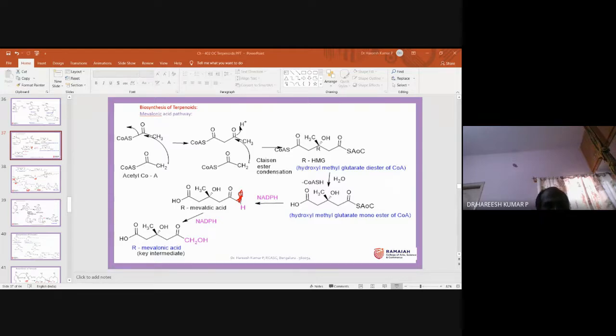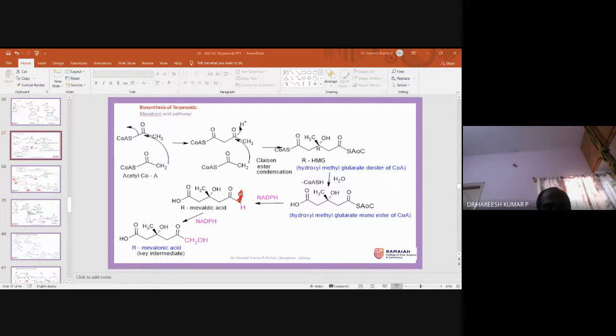Biosynthesis of terpenoids. This biosynthesis follows a pathway called the mevalonic acid pathway, and this mevalonic acid is obtained by the combination of acetyl coenzyme A in a nucleophilic substitution manner, more particularly a condensation manner.